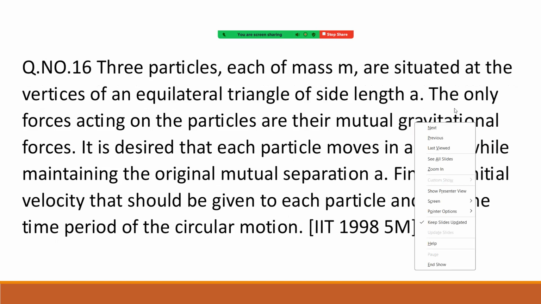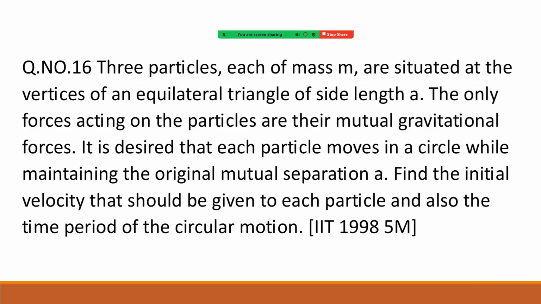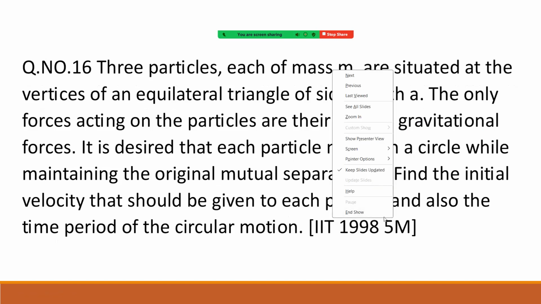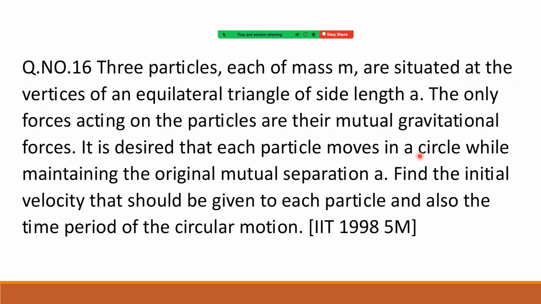Three particles each of mass m are situated at the vertices of an equilateral triangle of side length A. The only forces acting on the particles are their mutual gravitational forces.